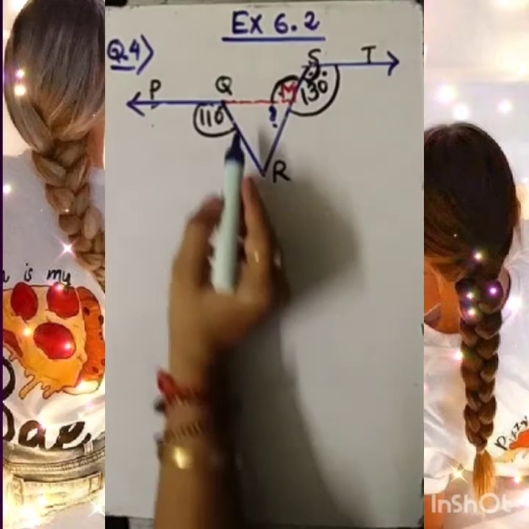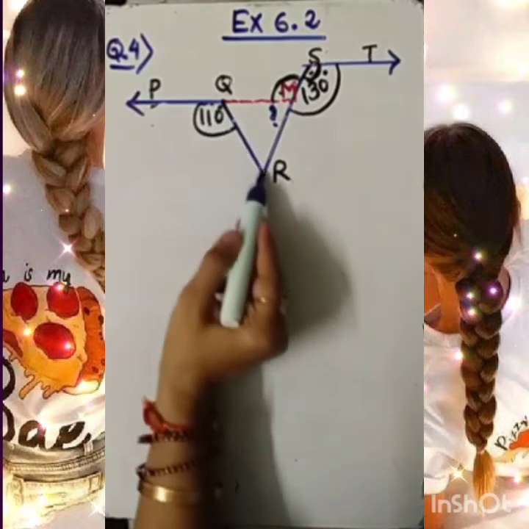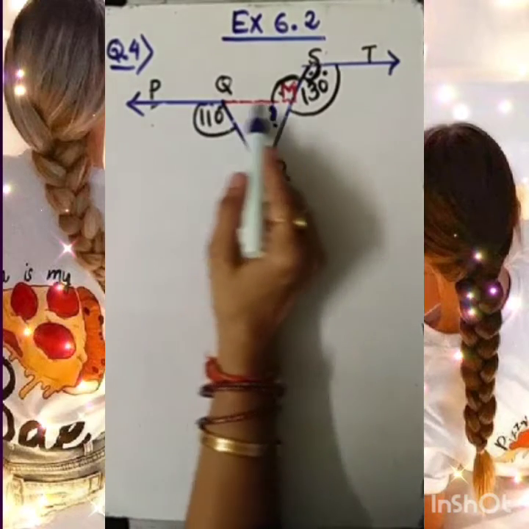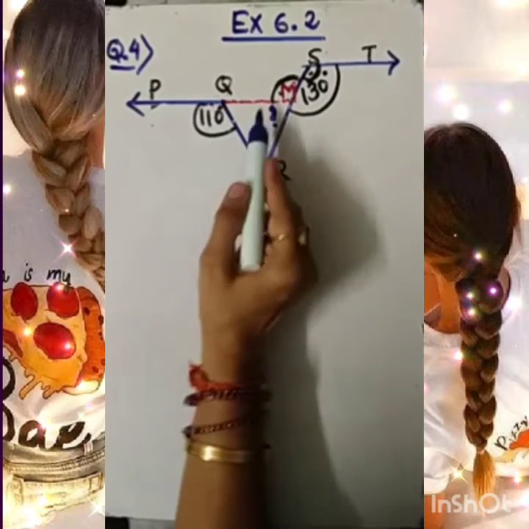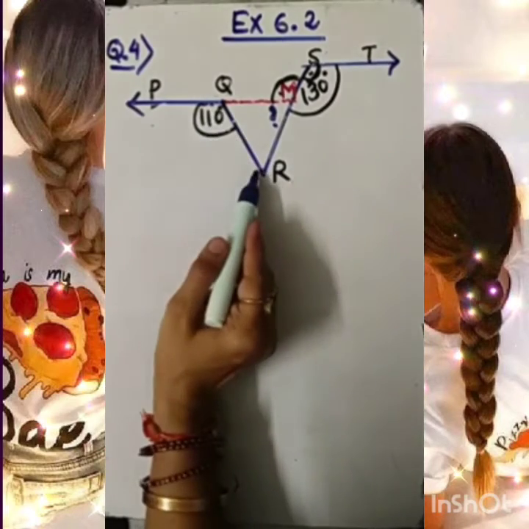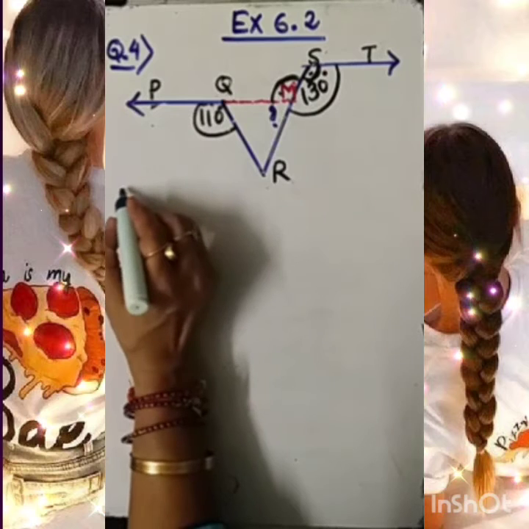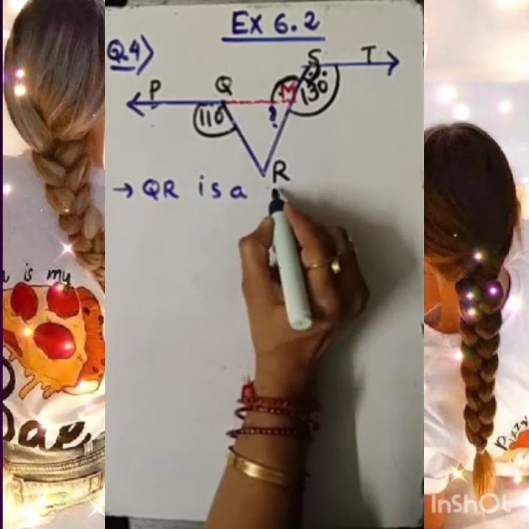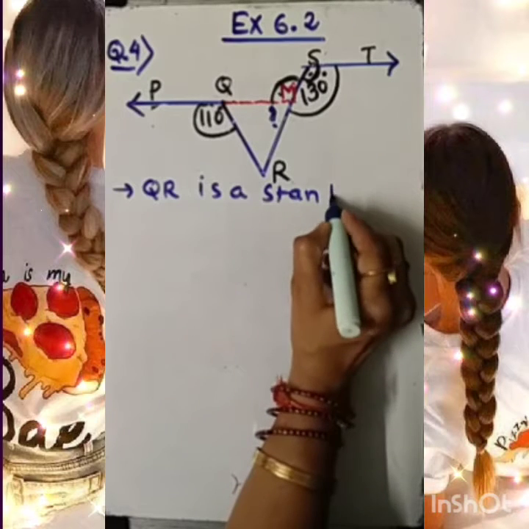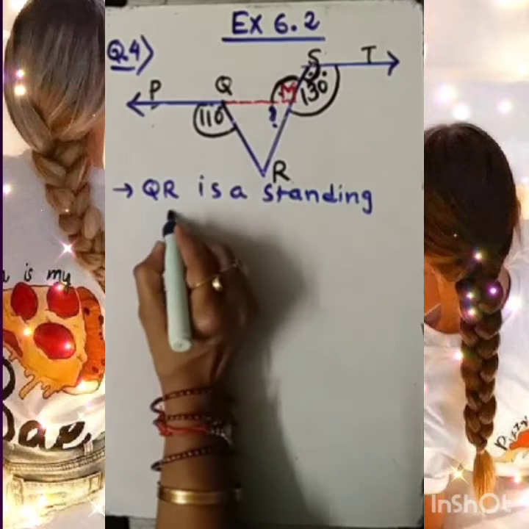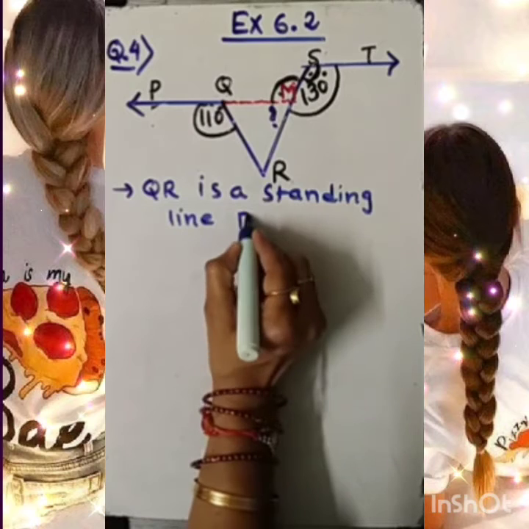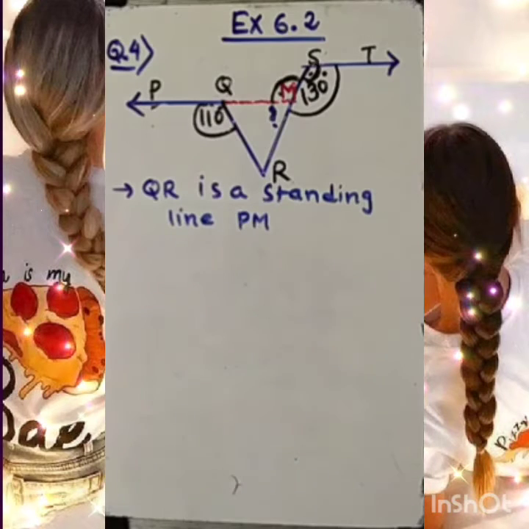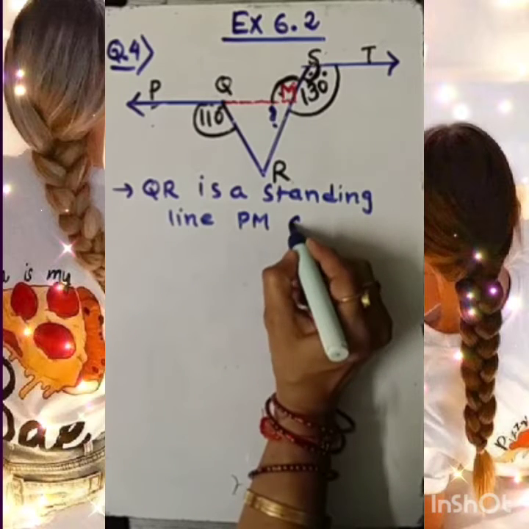So, my dear student, here QR is a standing line on PM. Agree? QR is a standing line on PM. So I need to mention here QR is a standing line on PM. If it is a standing line on PM at point Q, you can mention also at point Q, then also it's okay.